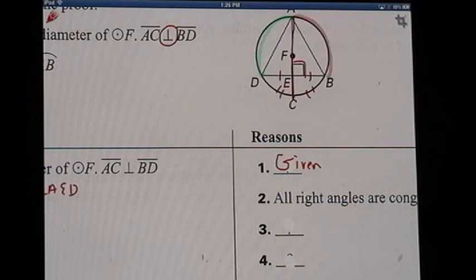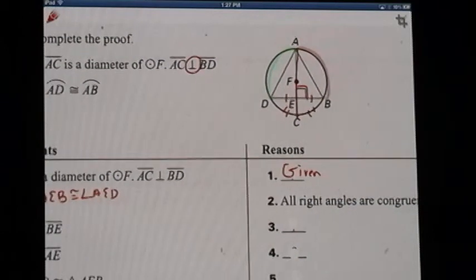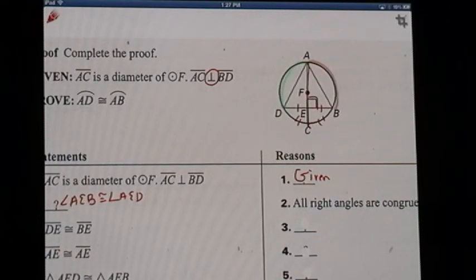I know what it is, but the question is, what do we want to call that? And aha. It is on page 665. If the diameter of a circle is perpendicular to a chord, then the diameter bisects the chord and its arc. I'm wondering if I can use that one because that's what we're trying to prove, sort of. So I'm not real sure if I can use that one or if there is another.